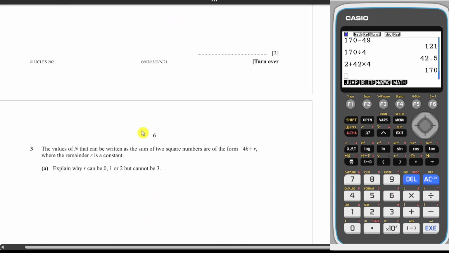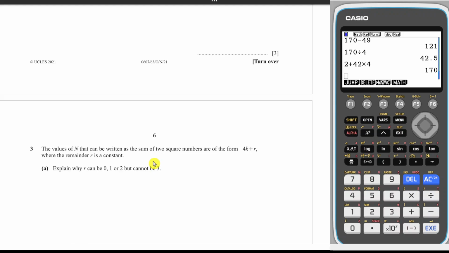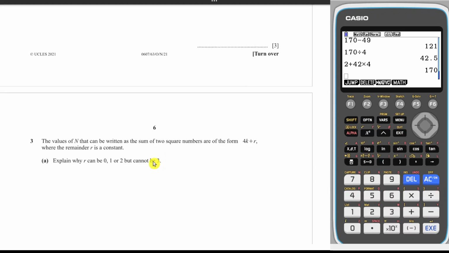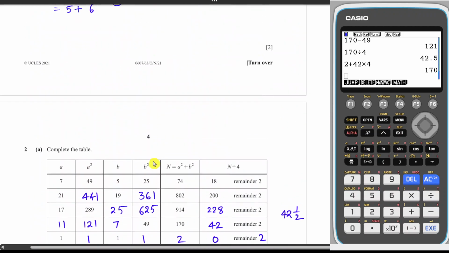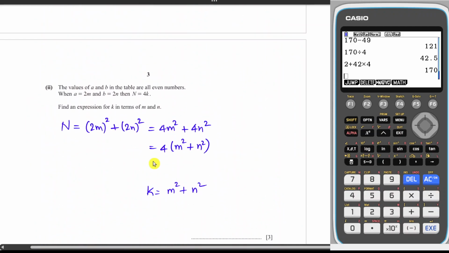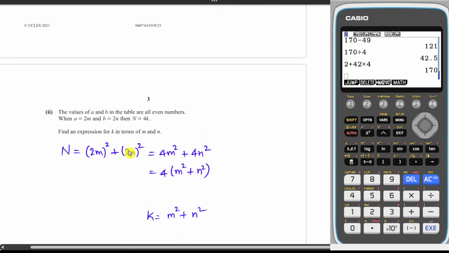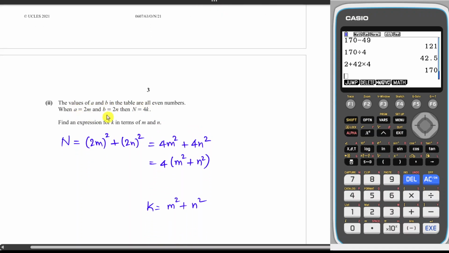Now, the values of n that can be written as a sum of two square numbers are of the form 4k plus r, where the remainder r is a constant. Explain why r can be 0, 1 or 2, but it cannot be 3. Okay. So let's see, we have some previous cases here. We have already seen the first case, when both the numbers are even.